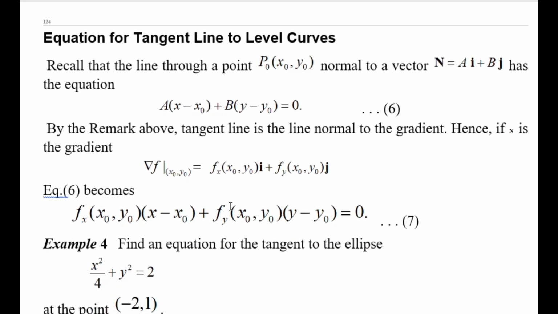Now we recall that if P0 (x0, y0) is a point and n is a vector ai plus bj, then the equation of a line through the point P0 and normal to the vector n equal to ai plus bj has the equation a(x minus x0) plus b(y minus y0) equal to 0.